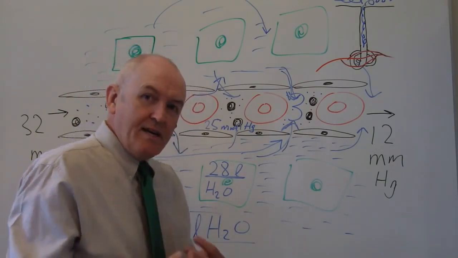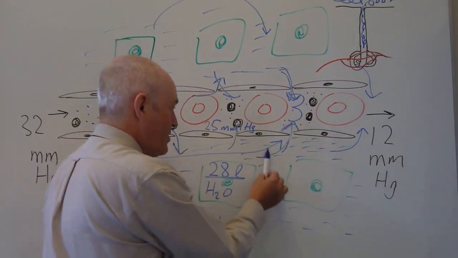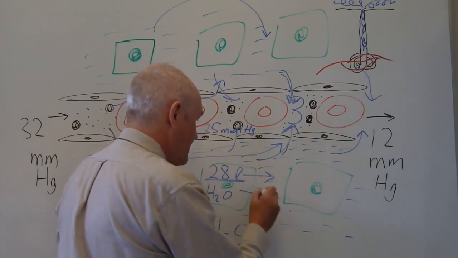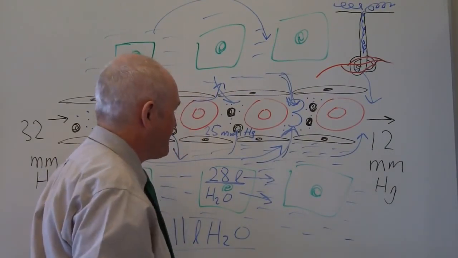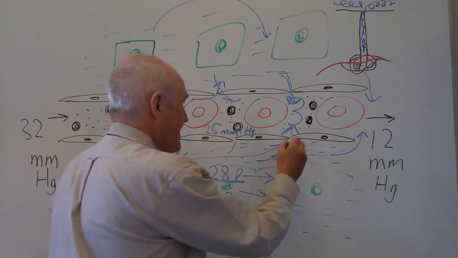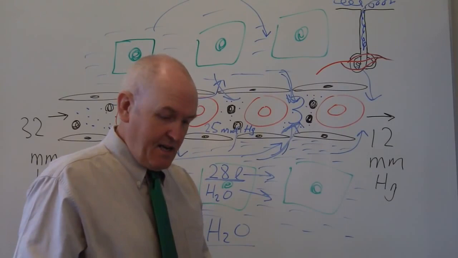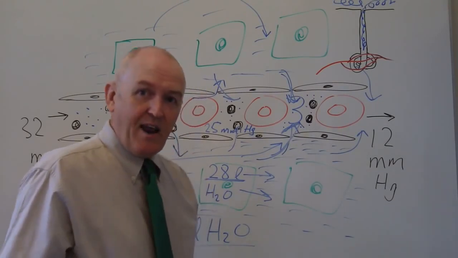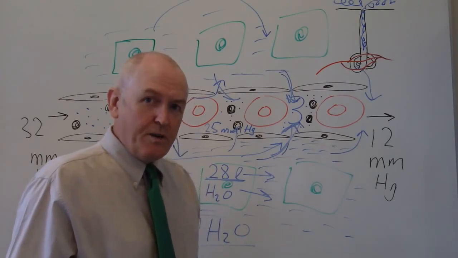So if someone loses a lot of water, water's going to move from there to there, that's going to become more concentrated, and then water will move from the intracellular compartment to maintain the volume of the interstitial compartment. And if we maintain the volume of water in the interstitial compartment, we can maintain the volume of the intravascular compartment, thereby preventing hypovolemic shock, maintaining blood pressure, allowing us to keep going, keep functioning, until we can find a source of water.